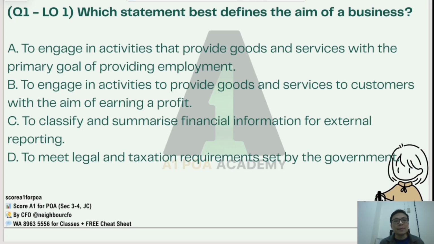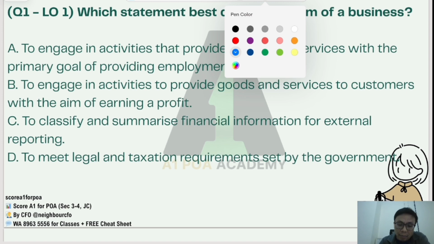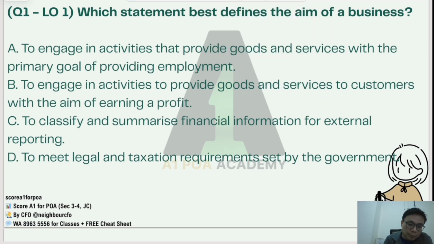Number 1, to engage in activities that provide goods and services with the primary goal of providing employment. Of course, if the business wants to continue to earn profit, it needs to hire people. But again, this is not the primary reason. So providing employment will not be the reason.